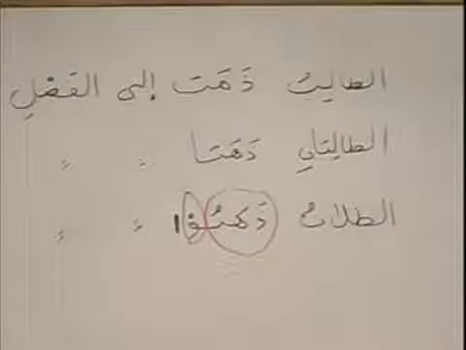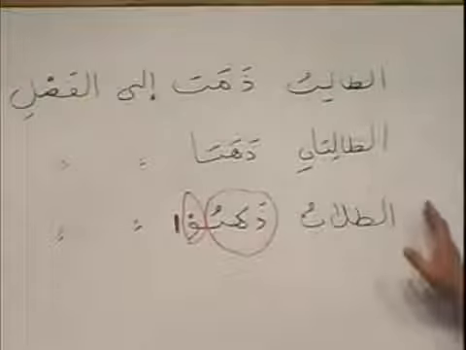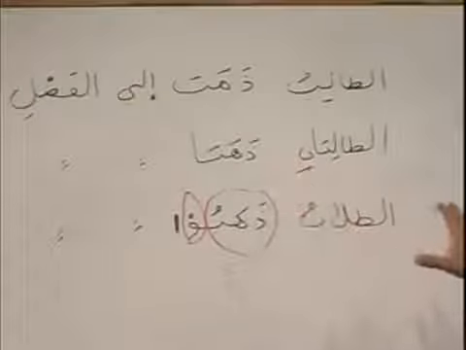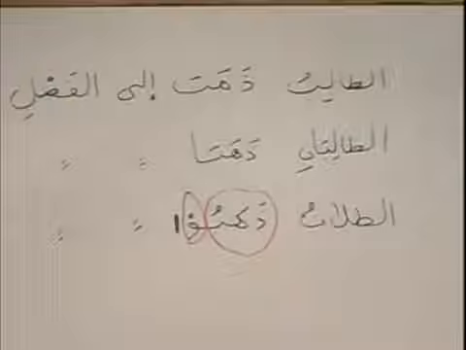Where is the news? Zahabu ilal fasli. So that is your jumla fi'liya coming as a khabar. Where is the verb? Zahabu, without waw. And where is the fa'il? Al-waw. Now you see, when the mubtada starts, then you bring an appropriate word form to match the mubtada.